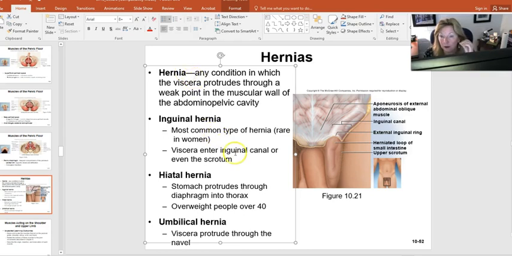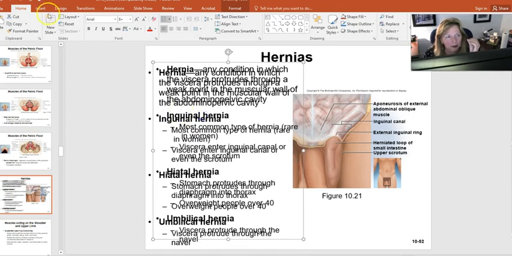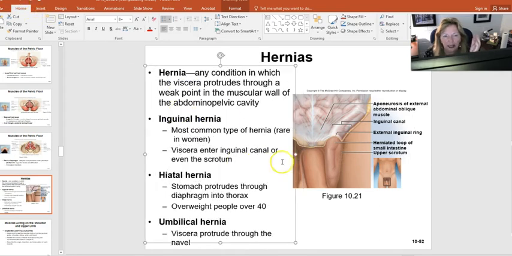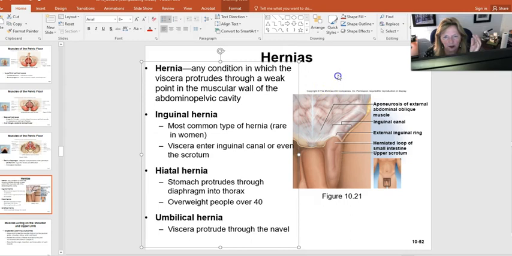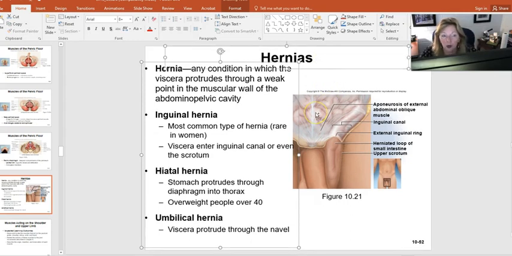Hernias are usually defined by where they're found. An inguinal hernia is one that's in the groin region. This is more common in men because in men's anatomy, the testicles descended from the pelvic region into the scrotal sac.